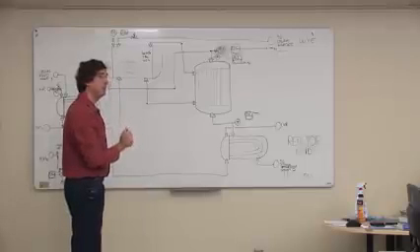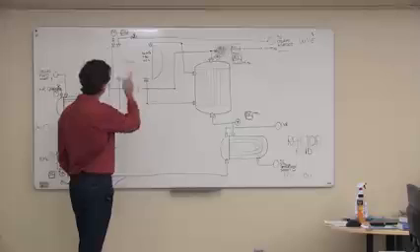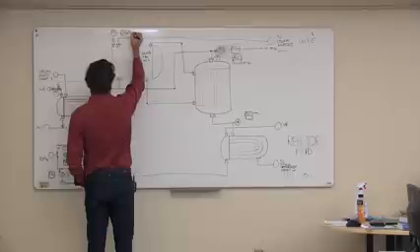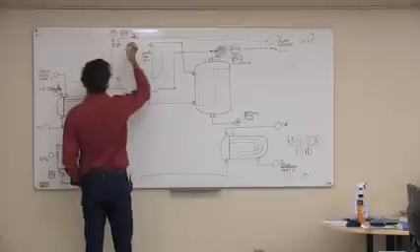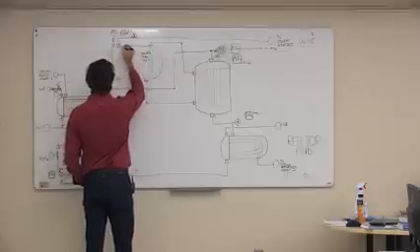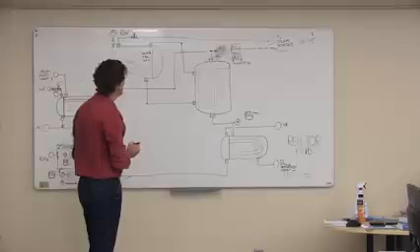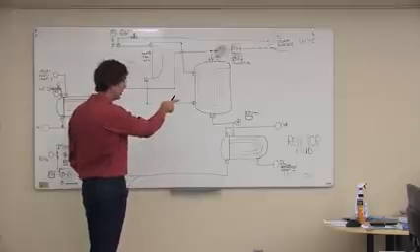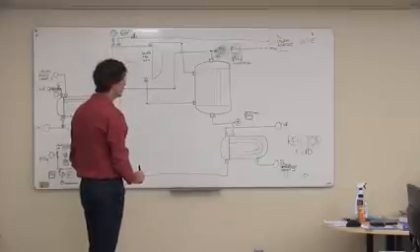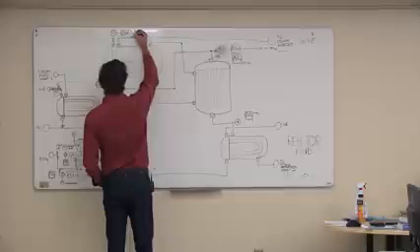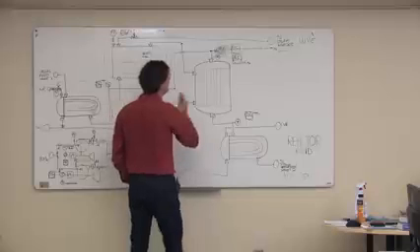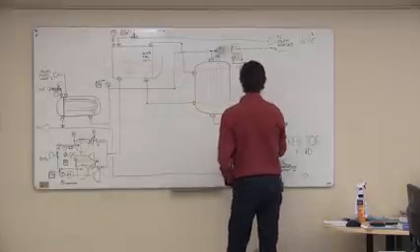Does that make sense? So what we need to do is we need to send a signal from that temperature controller to that pressure controller. What we really want is we want the set point of that pressure controller. So I'm going to put a little SP on there. And that set point needs to come from the output of that controller right there. And so since they're both in the computer control system, all we need to do is draw a software line. Piece of cake. We just need to figure out how we're going to wind it around, that's all.